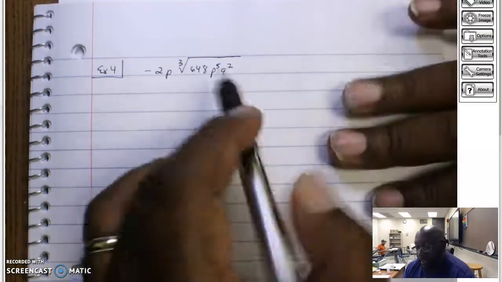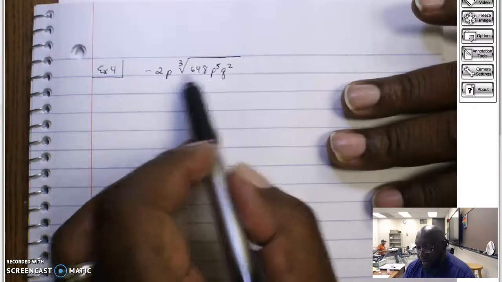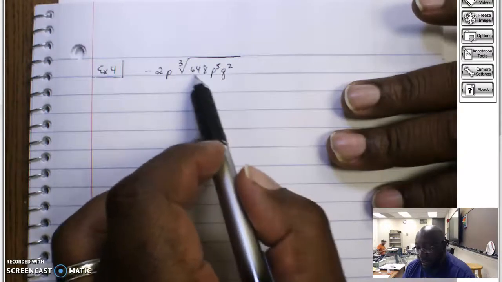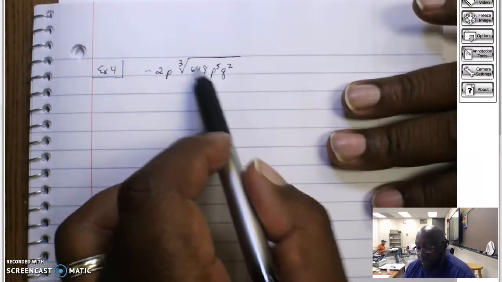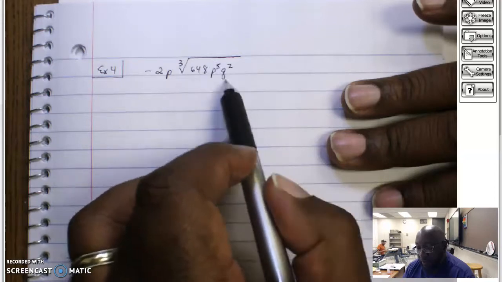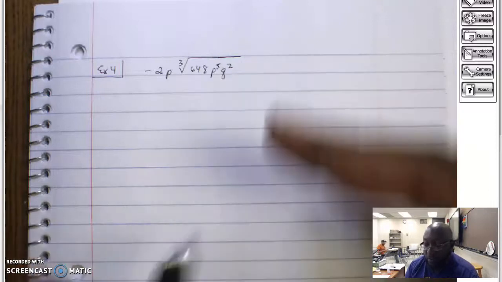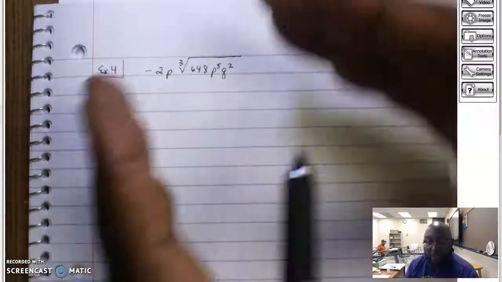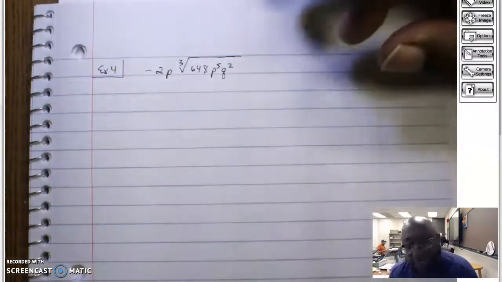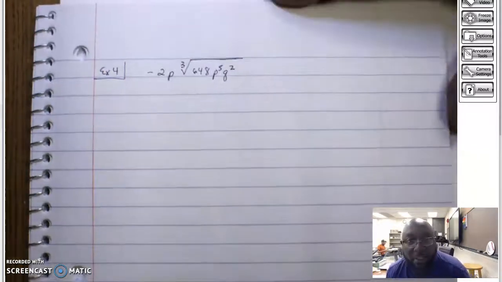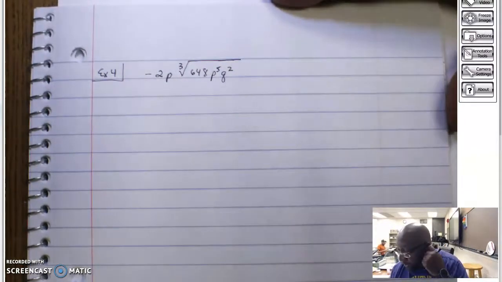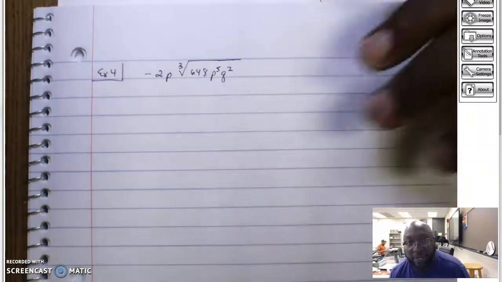If you paid attention to the last example, I did the cube root of the number, then the cube root of each variable. The last one wasn't a cube root, but I'm doing the cube root of each individual term inside this, and because this is a product, the product property allows me to do that.